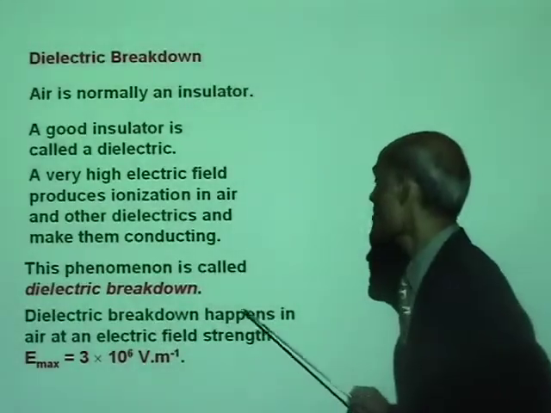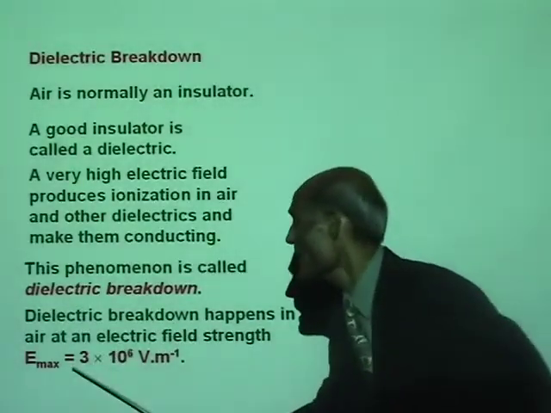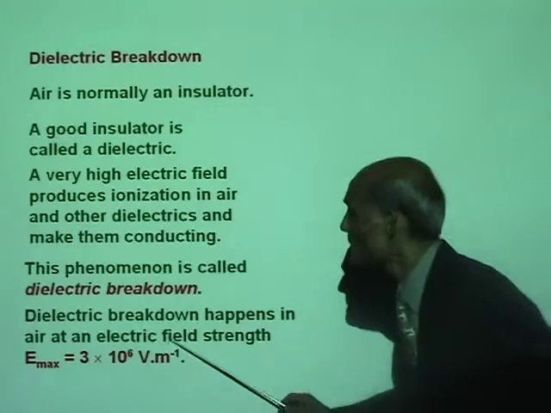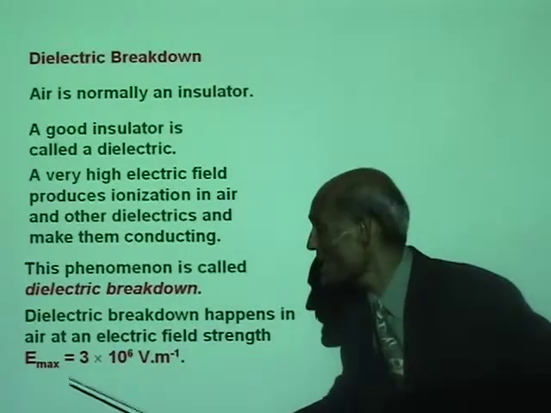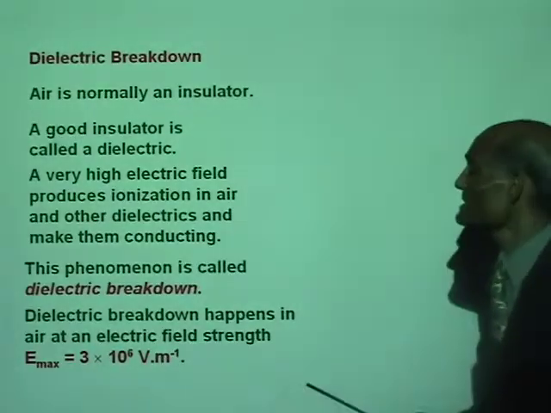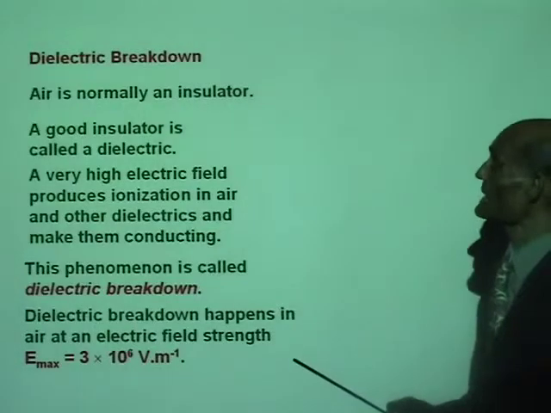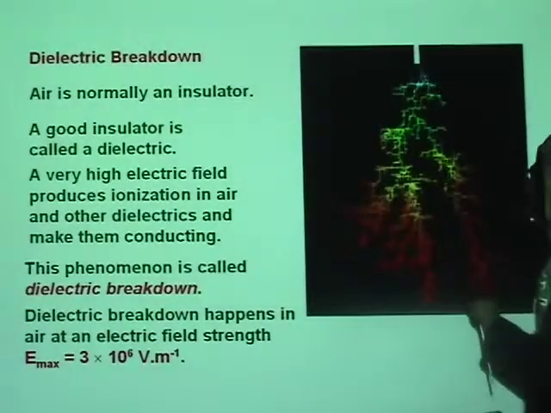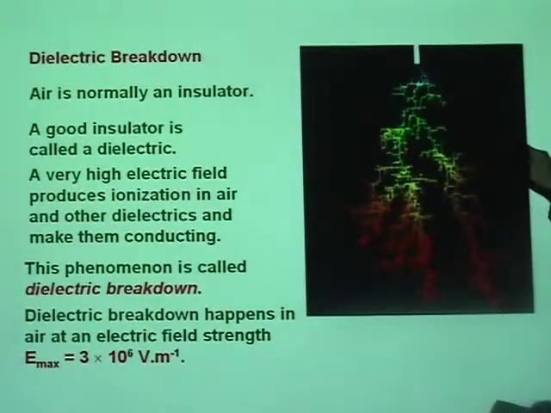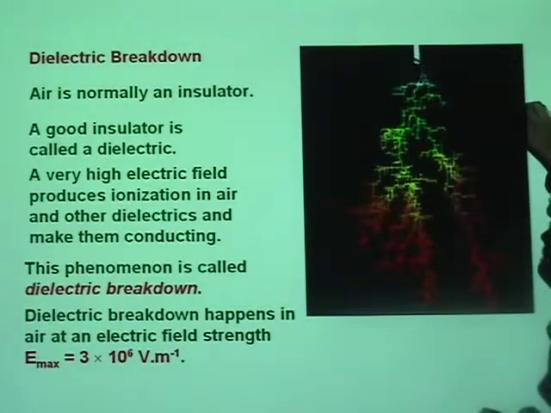Now, dielectric breakdown happens in air when the electric field is greater than this, 3 times 10 to the 6th volts per meter. We talked about that. Now, here is a picture of lightning. How does lightning occur?